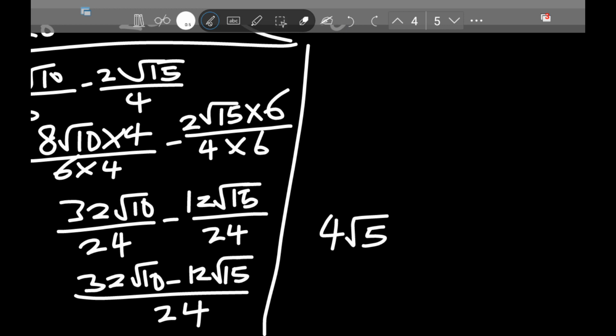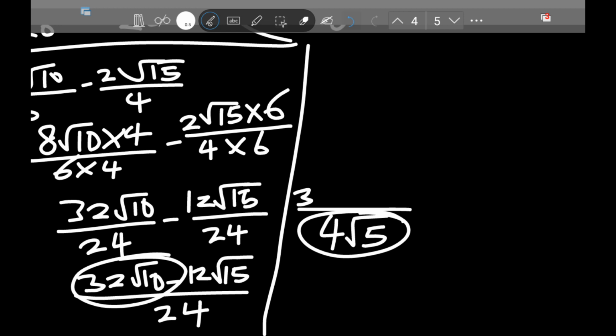So if you write 32 root 10 as a fraction and try to divide it by this 4 root 5, see if it will work. 32 root 10 divided by 4 root 5. Now, how many 4s are in 32?